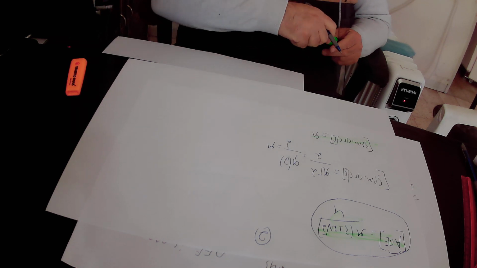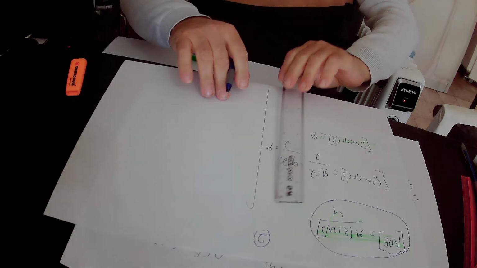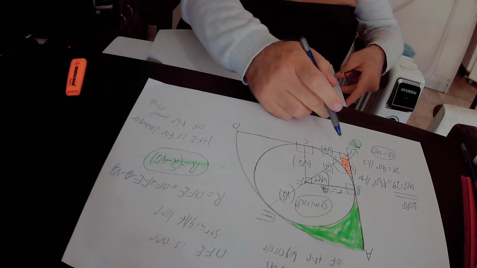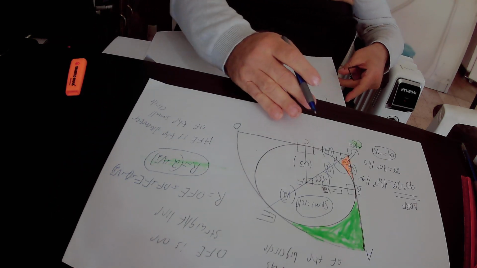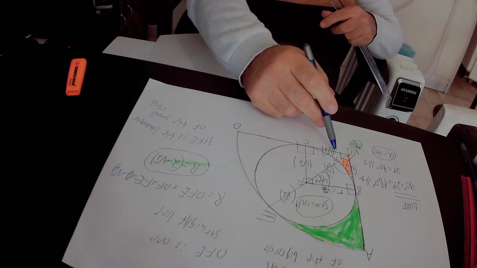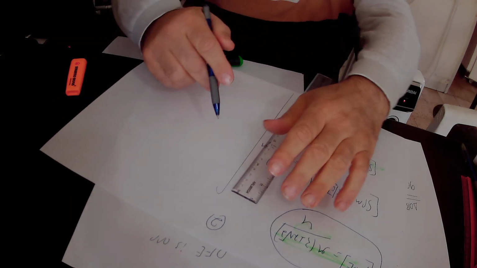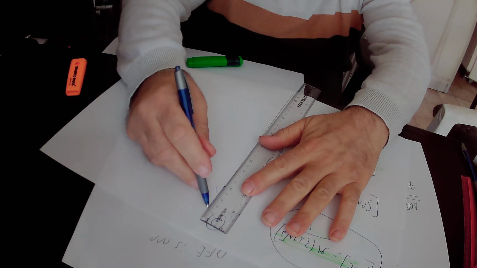And finally, we have to find out also the area of the orange shape, that is actually HBO. What is the area of the orange shape HBO?